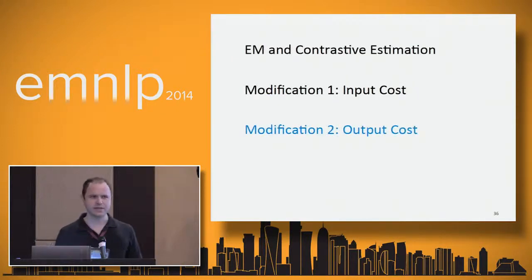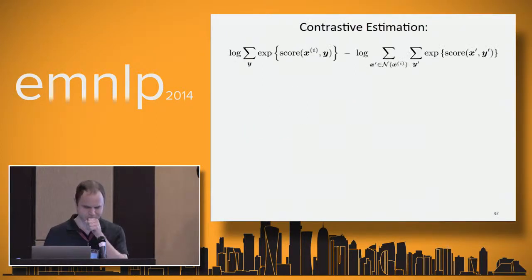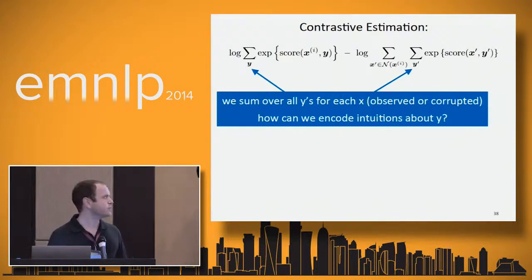Okay. So now to move on to the second kind of cost function that looks at outputs. If we go back to our contrastive estimation gain function, we note that in both of these terms, we're summing over all y's for any x that we consider, whether it's the observed x or one in the corruption neighborhood.